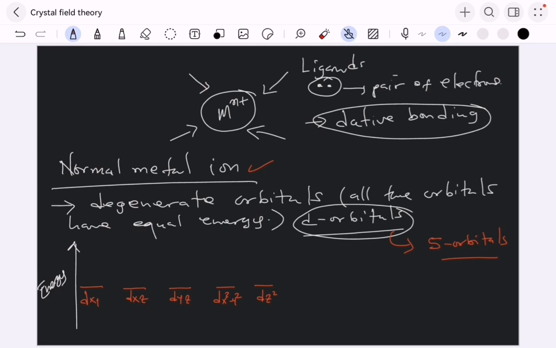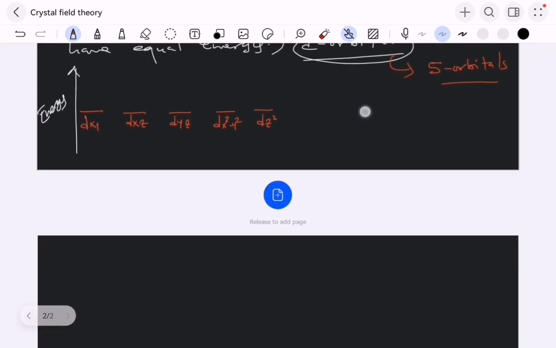Now, what happens when the orbitals in the normal metal ion interact with the ligands?